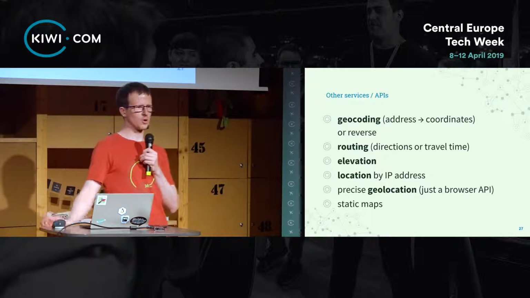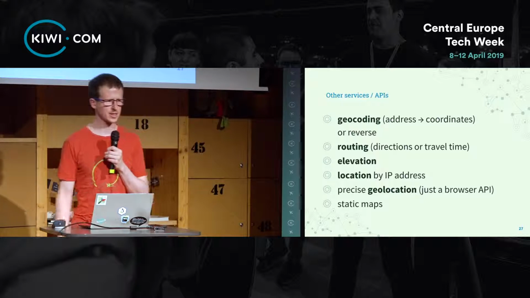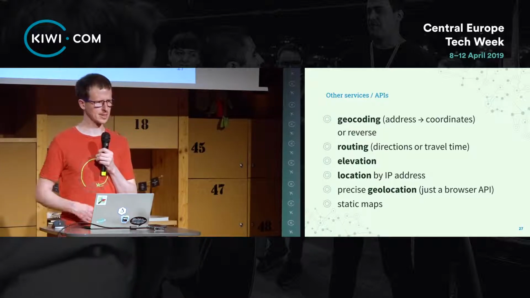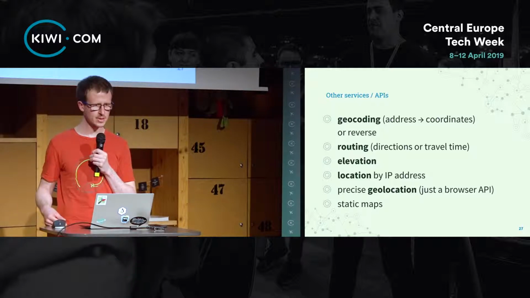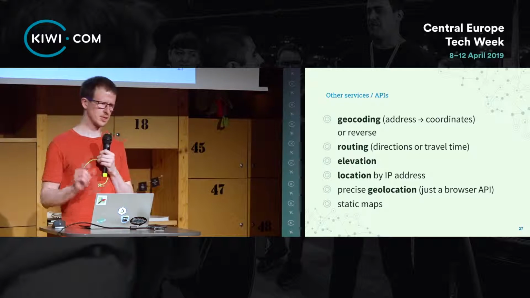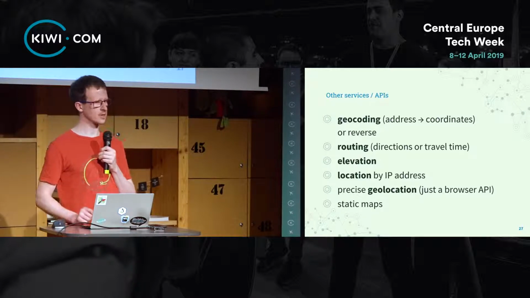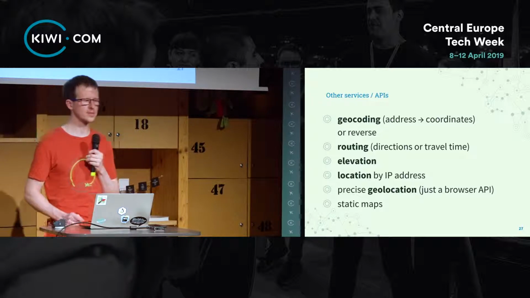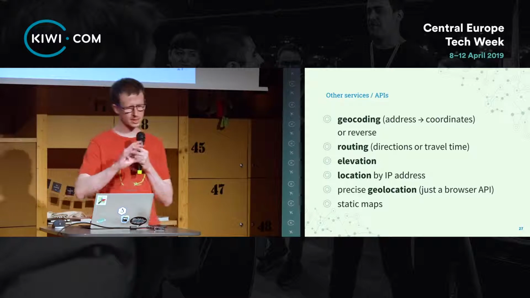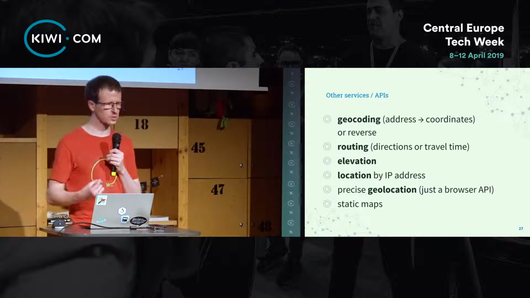Elevation data. This is not connected to OpenStreetMap because elevation data is free from NASA. They have created this SRTM dataset, which has the elevation of the whole Earth. It is not very precise. There are maybe other datasets which are not that precise, but they have almost the whole Earth.